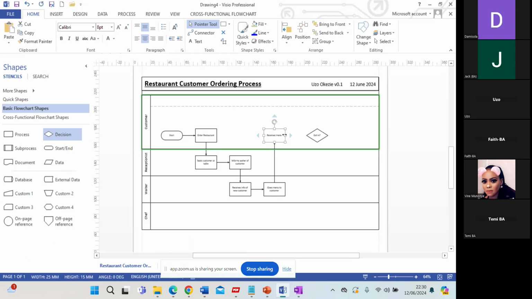Now you put your connector. So this is your connector. Oops, sorry. And so there's a yes or a no. So, eat in.